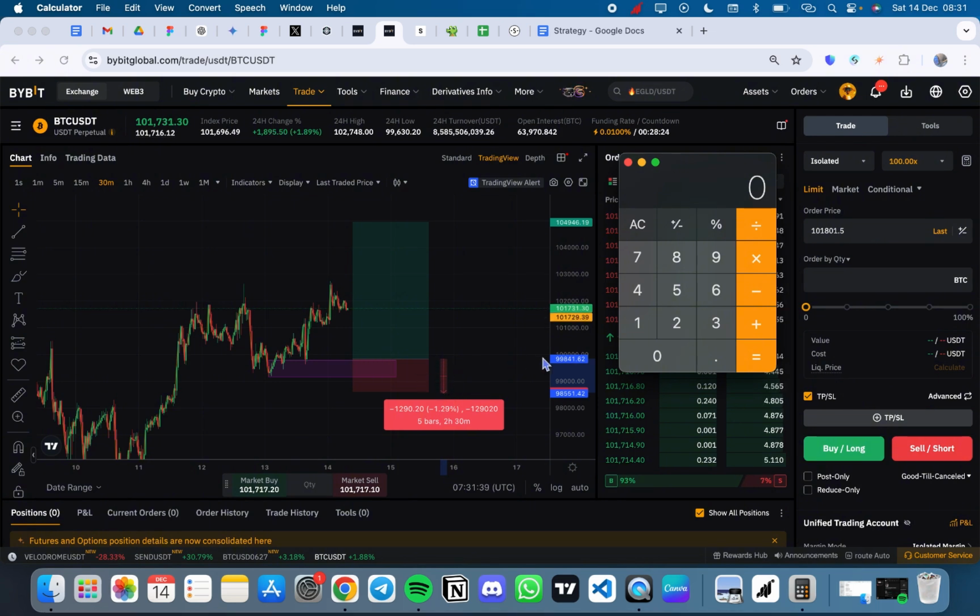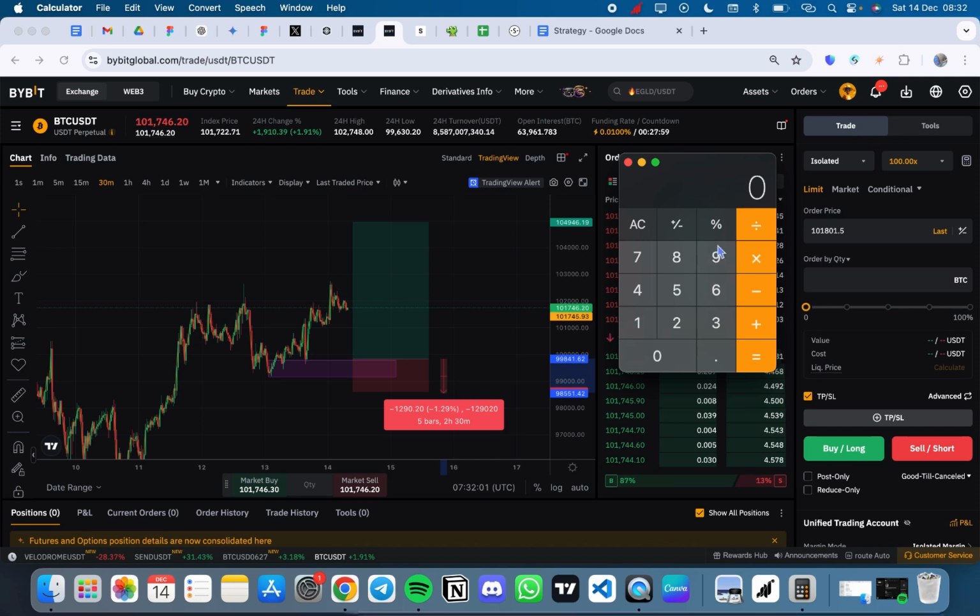It should not be within this 99.84 to 98.55. It should be below it. If my liquidation price is within it, then if price was to retrace within this level and just range for a while, it's going to hit my liquidation price, and I'll be taken out of this trade in a loss.